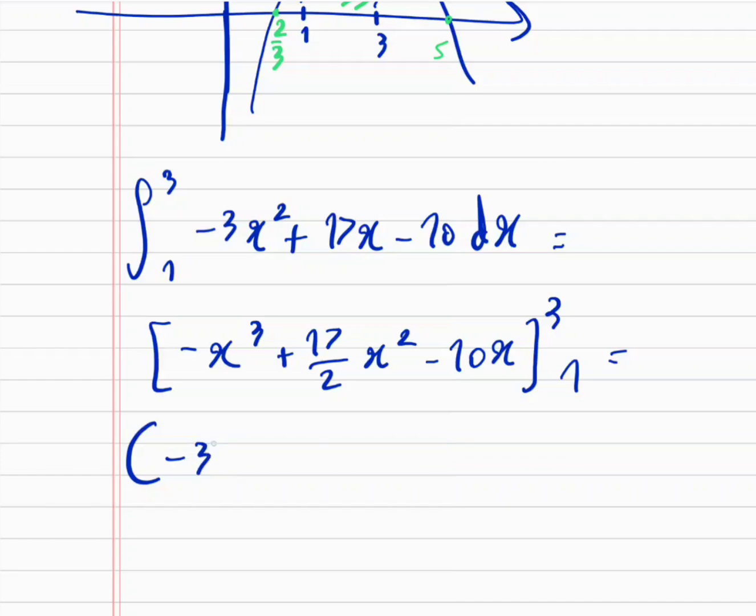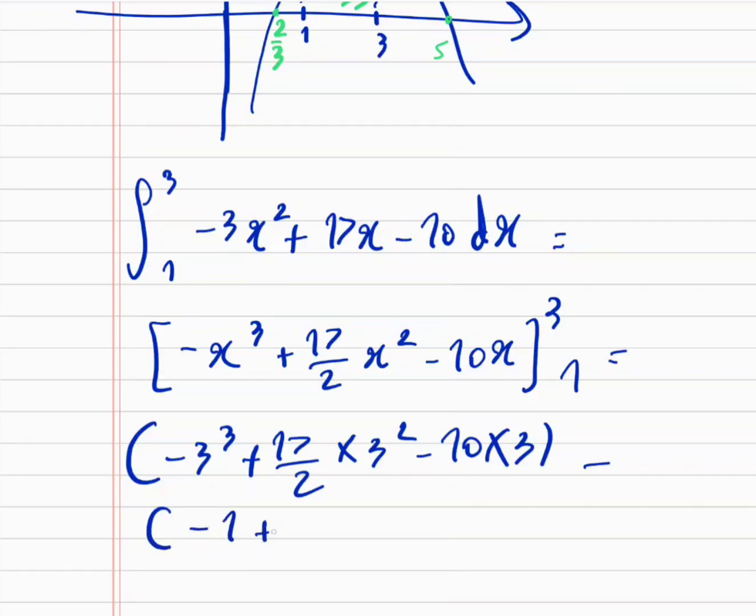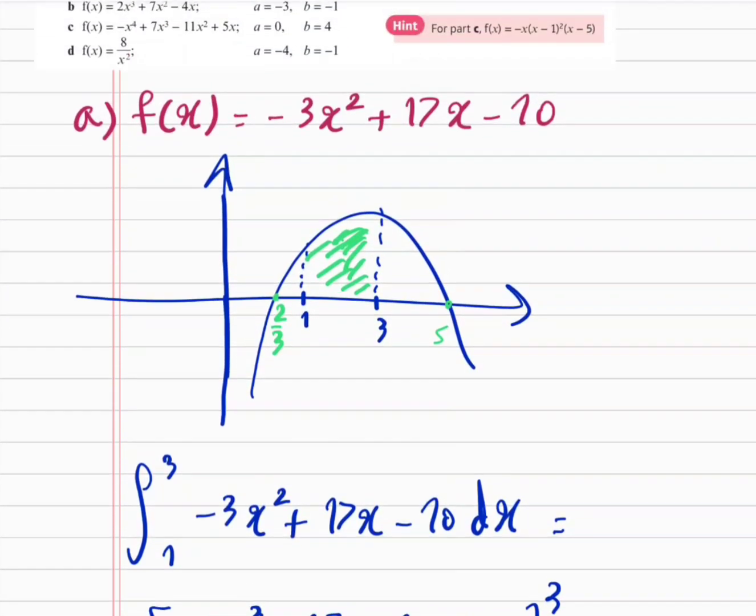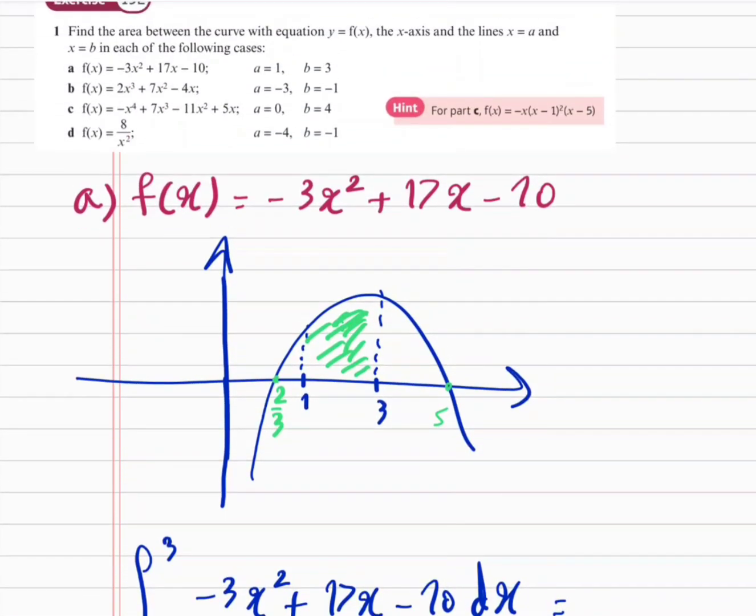We have minus 3 cubed plus 17 over 2 times 3 squared minus 10 times 3, minus, minus 1 plus 17 over 2 minus 10. So this gives us 22. So 22 is the area, and we don't have units here, so it's just 22 units squared.